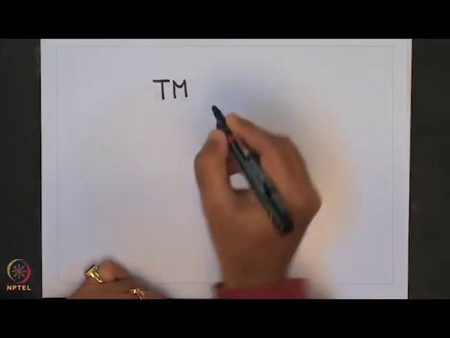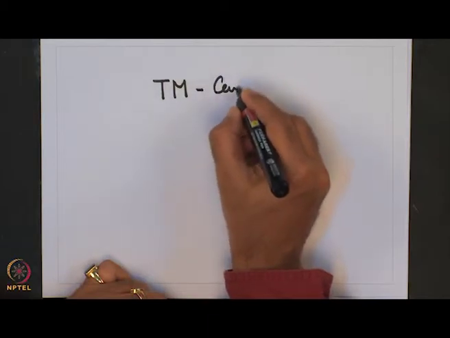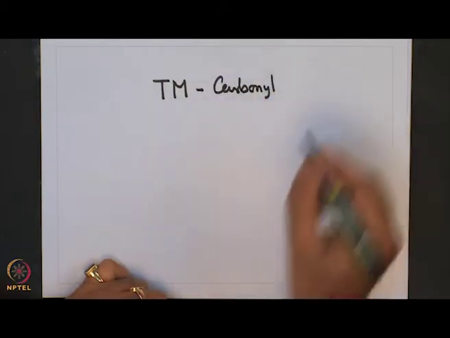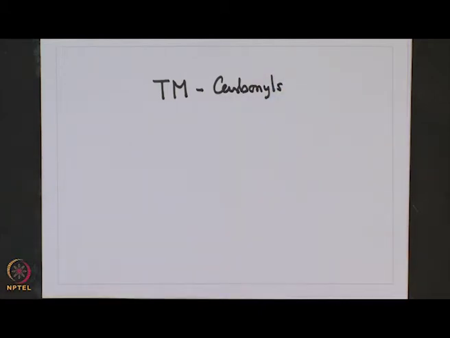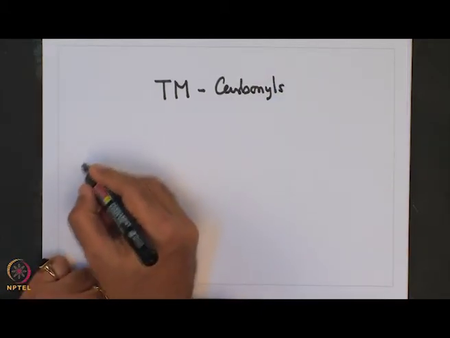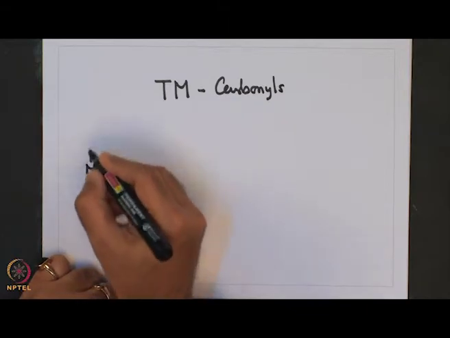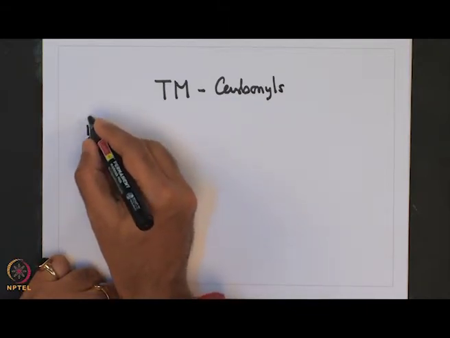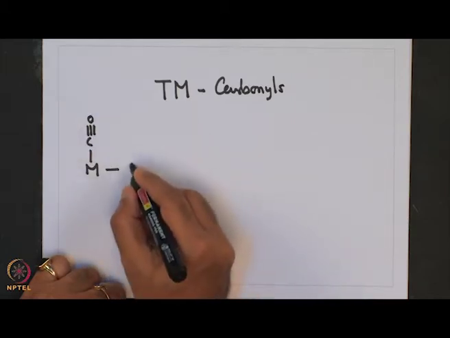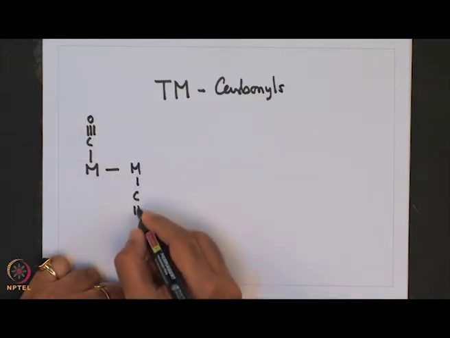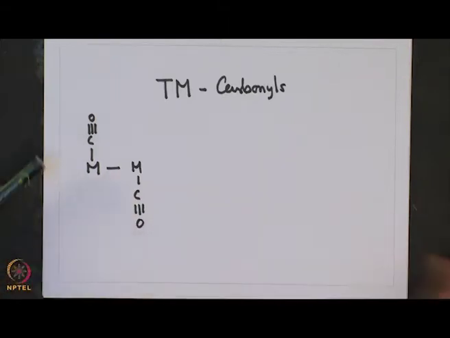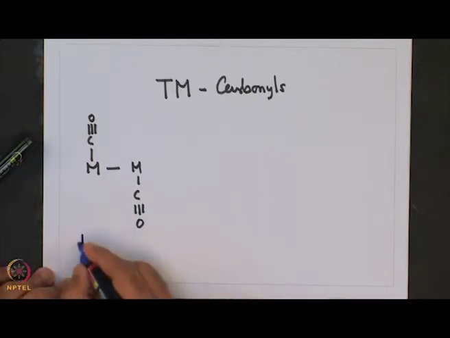So, in the last lecture, what we discussed was the type of bonding modes of these transition metal carbonyl complexes. And what we had seen is that transition metal carbonyls can be the terminal ones, of the type which is shown. This is the terminal carbonyl.